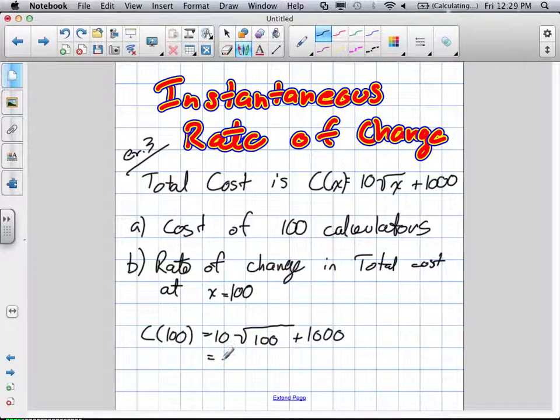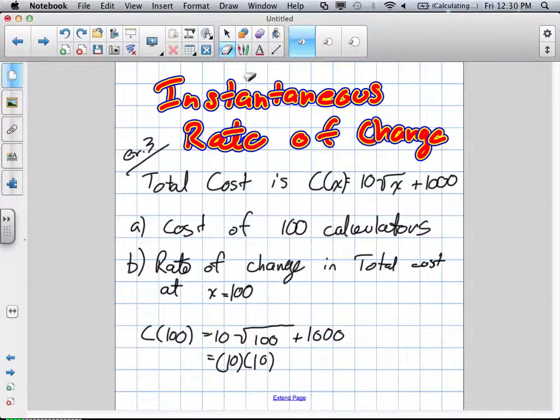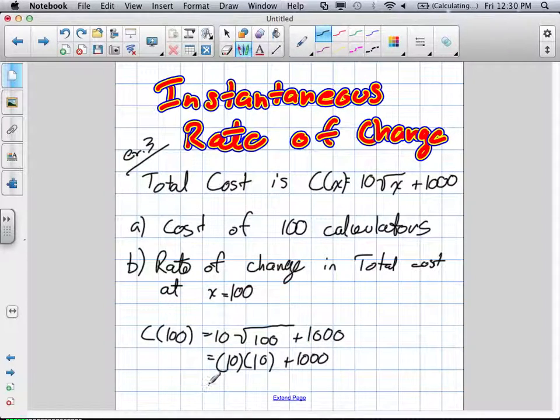The root of 100 is 10, so 10 by 10, plus 1,000, I lied, is equal to 1,100. So the cost of producing 100 calculators is $1,100.